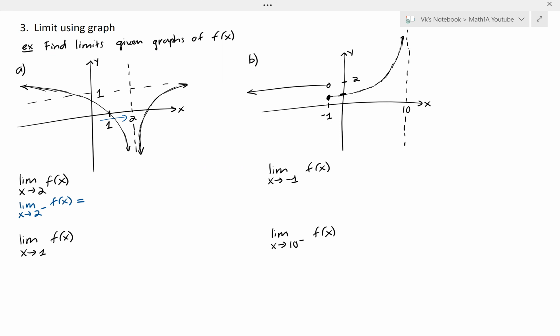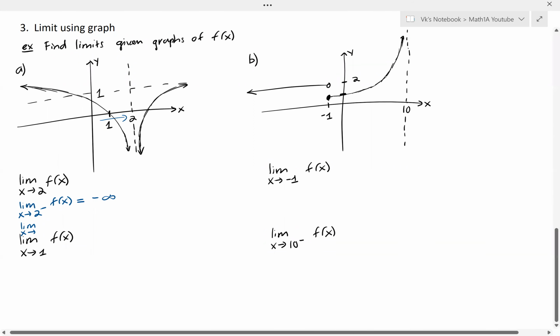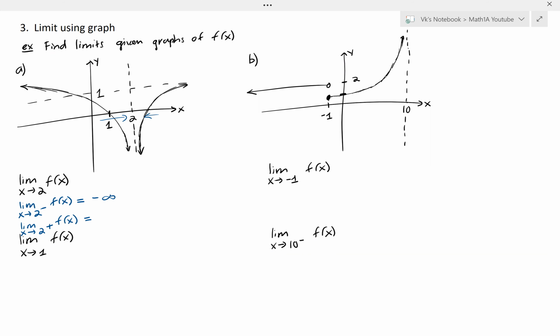As you see, the output of the function goes to negative infinity. Limit as x approaches 2 on the right side of f(x) approaches this way. The function goes down to also negative infinity, and therefore the limit of the function as x approaches 2 is negative infinity.